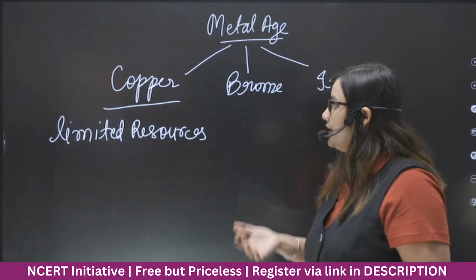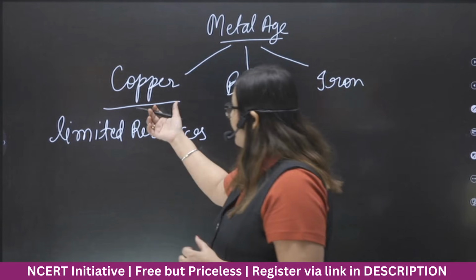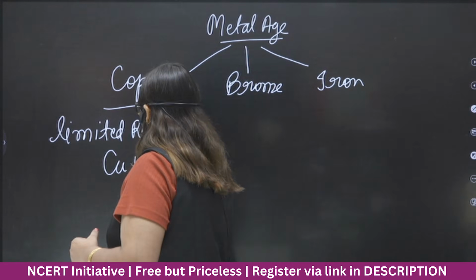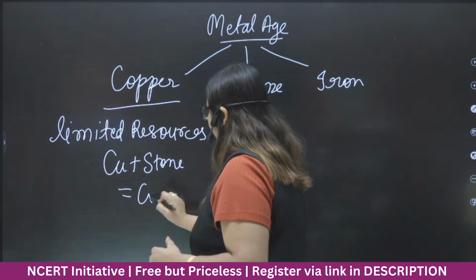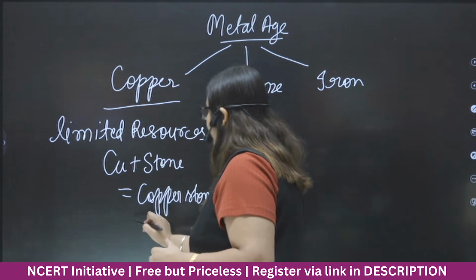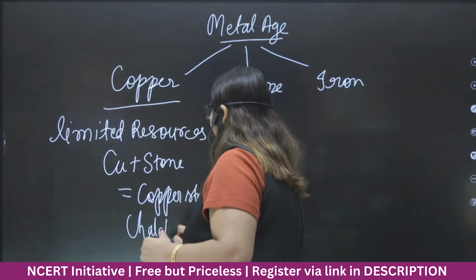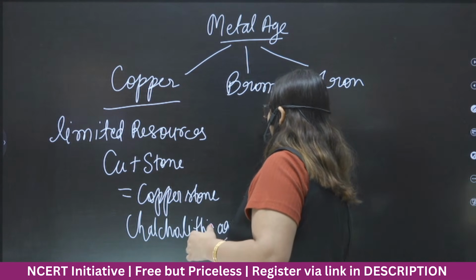Why Chalcolithic? Chalcolithic means copper stone age, in which we mixed copper with stone to get something new, which is known as copper stone age or Chalcolithic age. Okay, so Chalcolithic age, why?